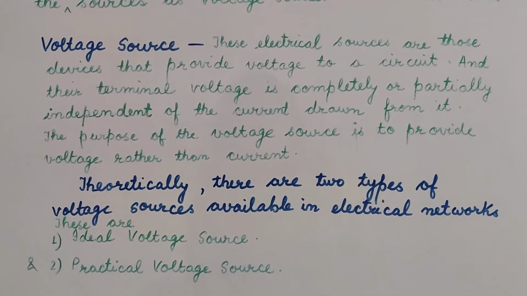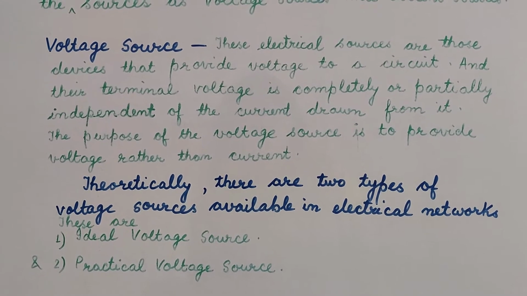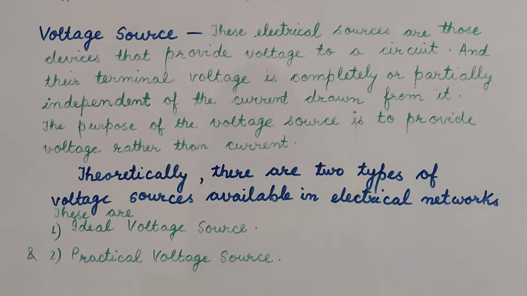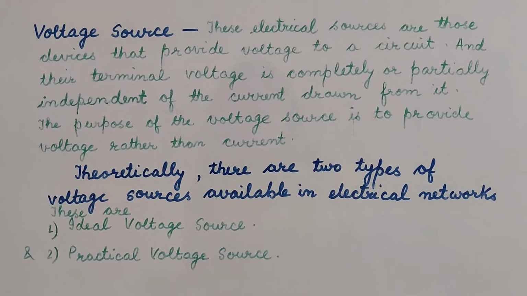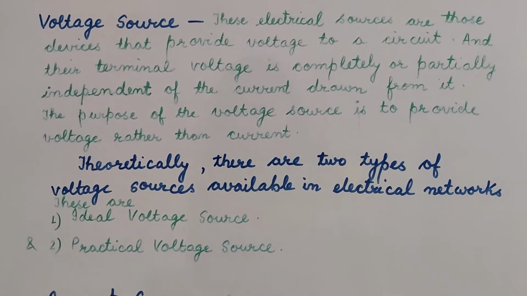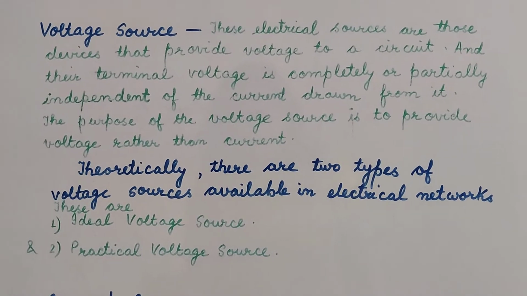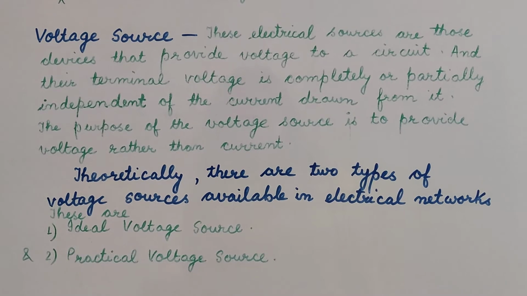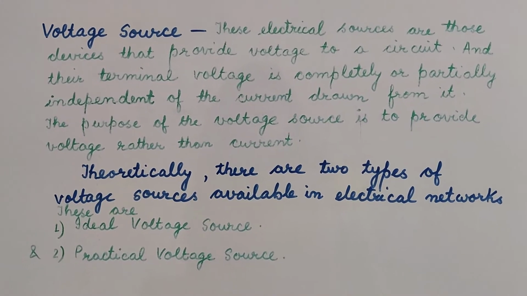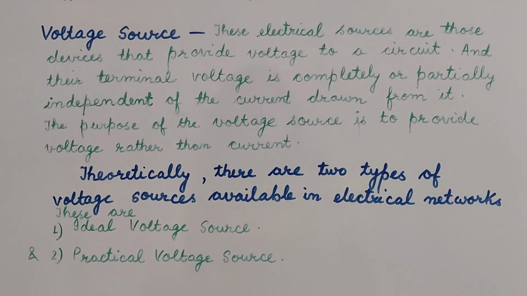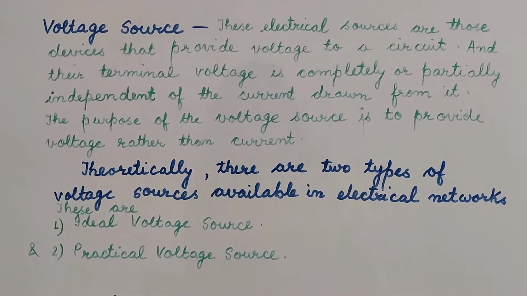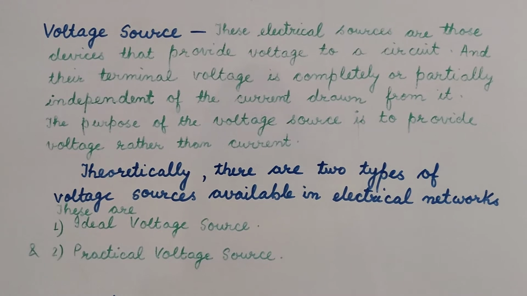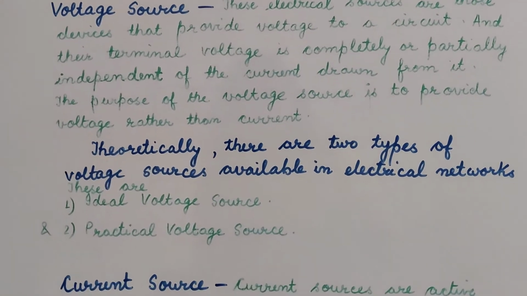Practically, no sources are ideal voltage source. Now, what is a practical voltage source? A practical voltage source is a voltage source which will have some internal resistance connected to it so that the voltage obtained across its terminals is less than the voltage of that voltage source.